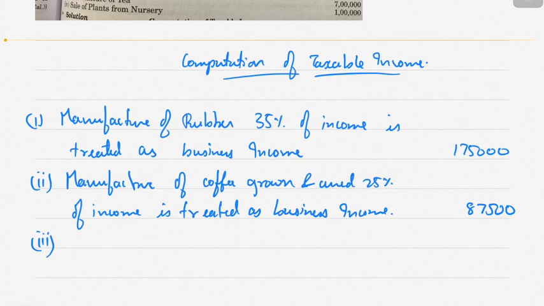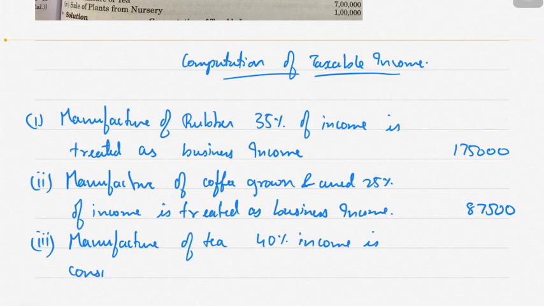Next, manufacture of tea, 40% is considered as business income. So 7 lakh into 40% comes to 2,80,000.